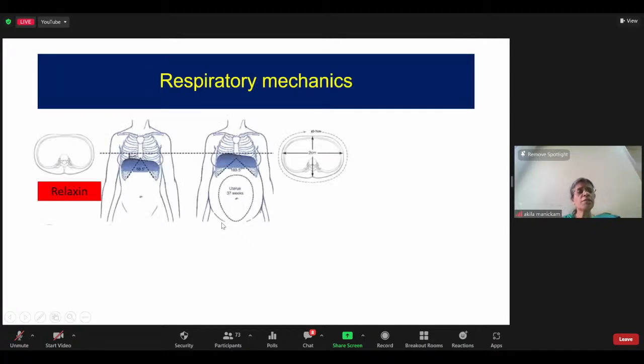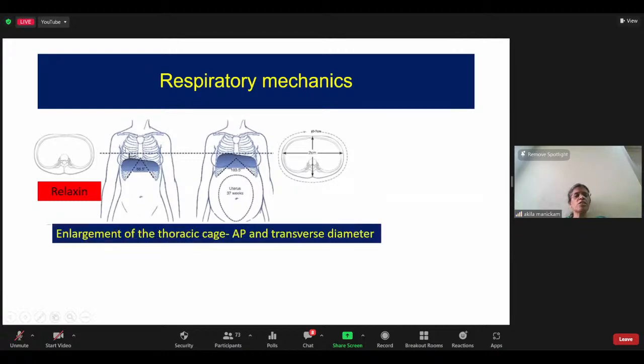And when we look at respiratory mechanics, let us go systematically, first from the skeletal system. What happens to the thoracic cage? When we look at the thoracic cage dimensions, there is an increase in the AP diameter and the transverse diameter. This enlargement occurs because the hormone relaxin relaxes your ligaments, your sternocostal ligaments.